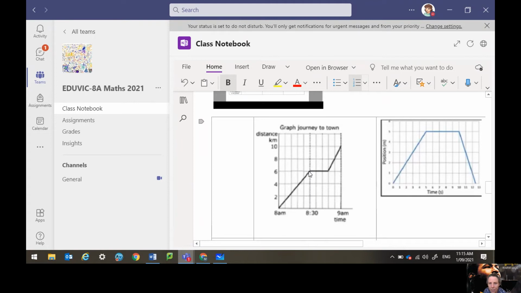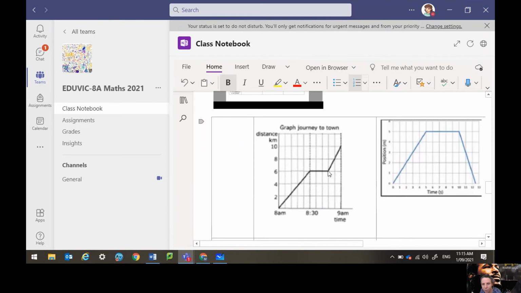So they travel 6 kilometers. But from 8:30 until, what's that, 8:45. Yep, 8:45. Between 8:30 and 8:45, they don't travel at all, see how it's still at 6 kilometers?